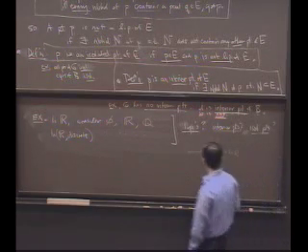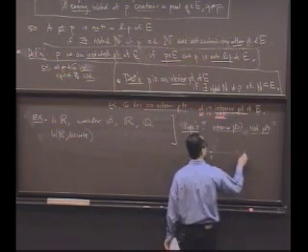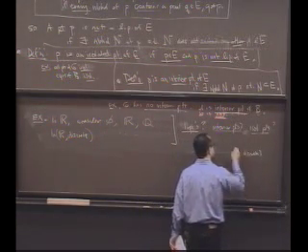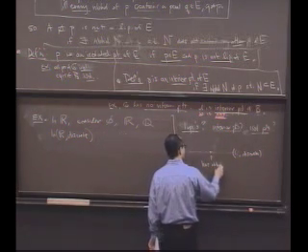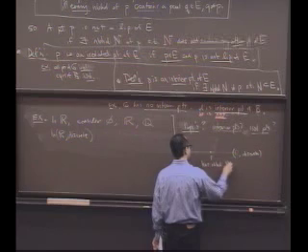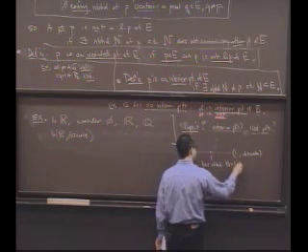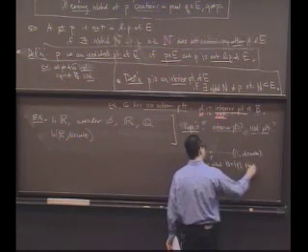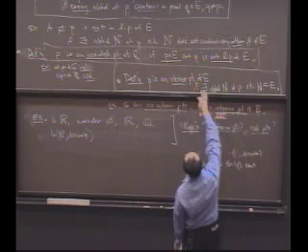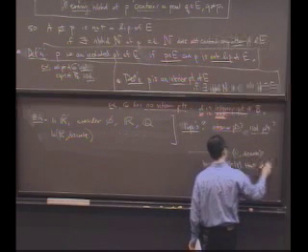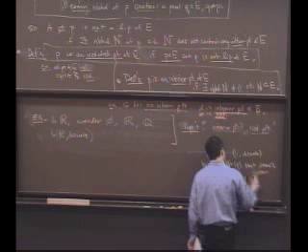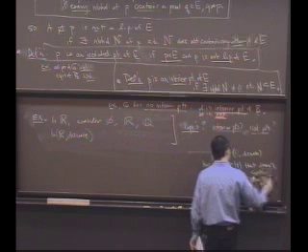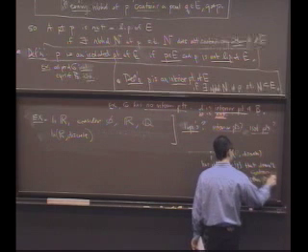So notice that in R with the discrete metric, P has a neighborhood, namely just P, that does not contain other points of E, which is R in this case.